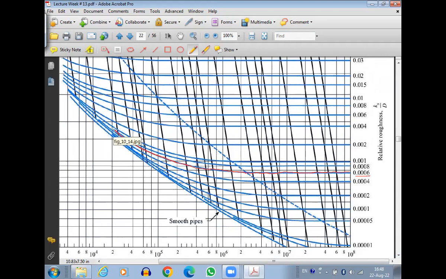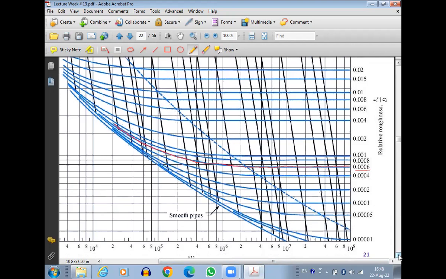This is the curve that we are looking. This is Ks by D 0.0006. Now, Reynolds number was how much? It was 3.18 × 10^5.